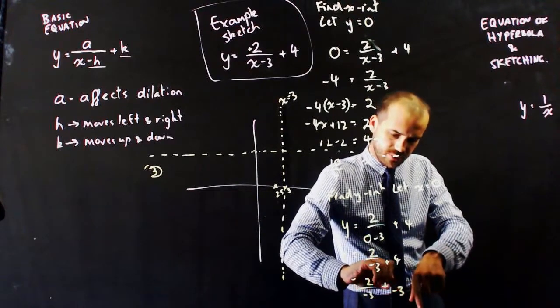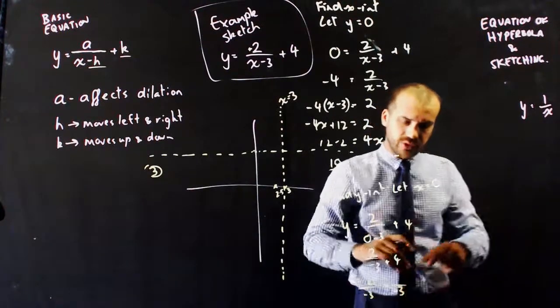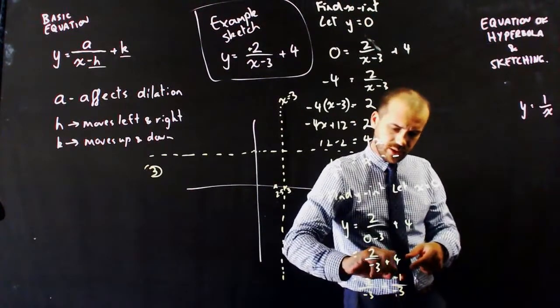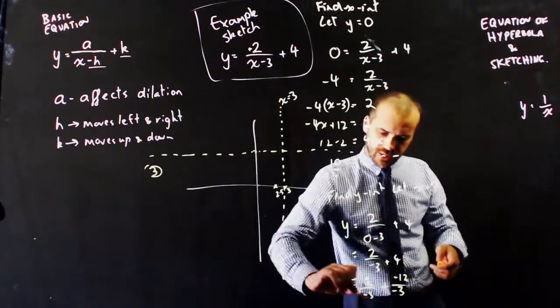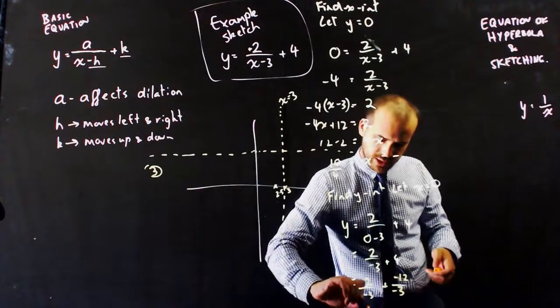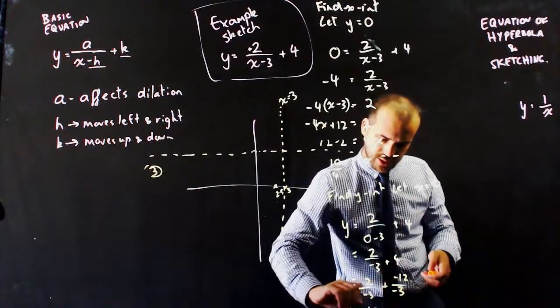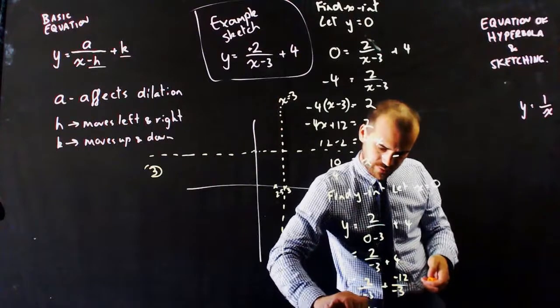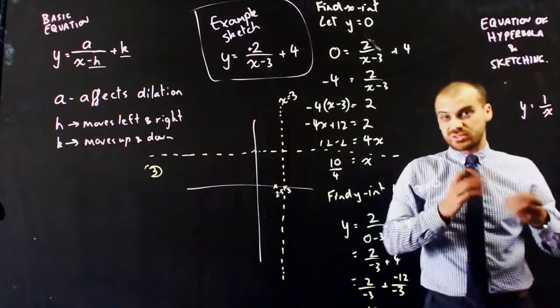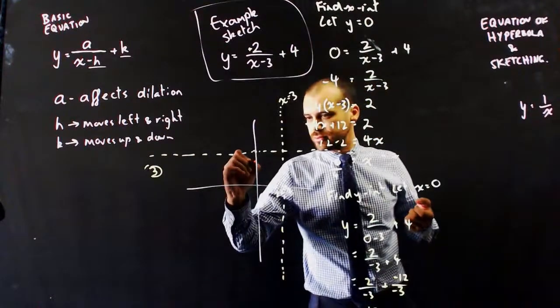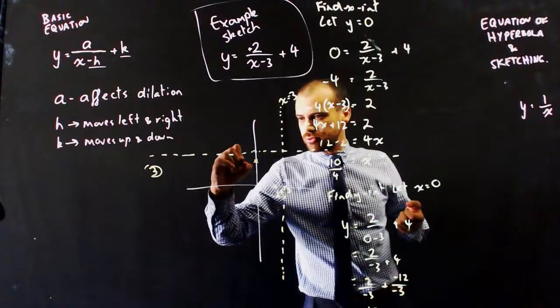I'll make the denominators the same. -12. That's right. Okay. 2 plus -12 is -10. -3, -3. So that's positive 10 over 3, which is 3 1/3. Just write 10 over 3.